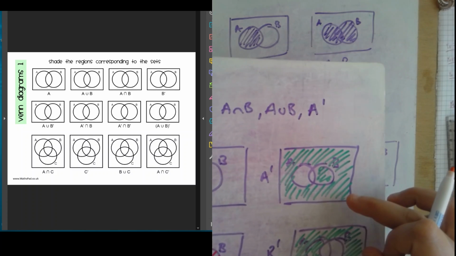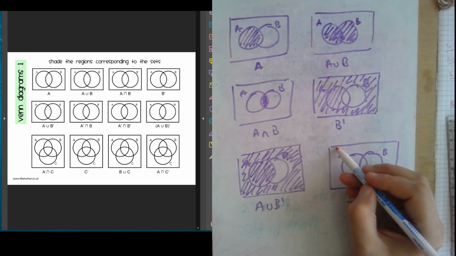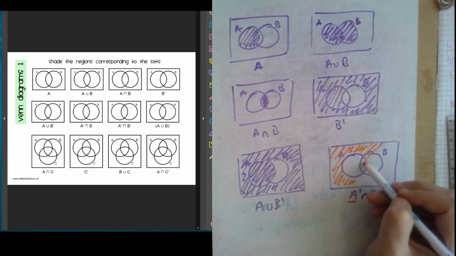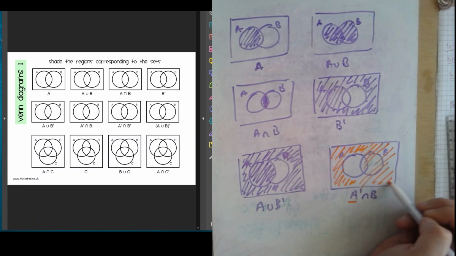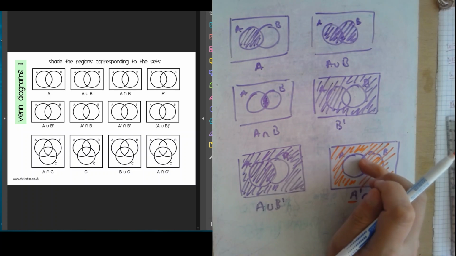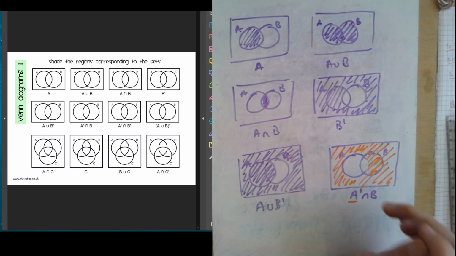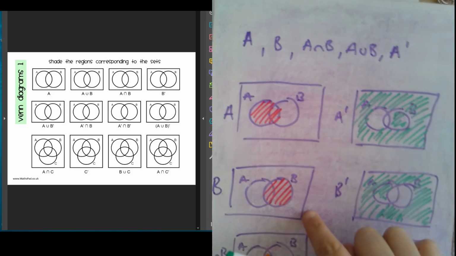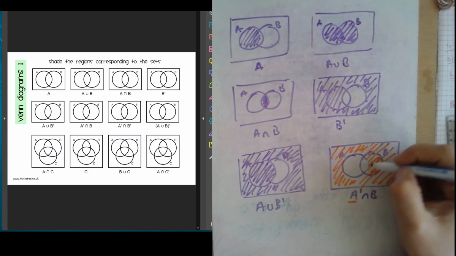So that's my not A, so I'm going to colour that one in. Okay, so that's my not A. And then this, where's my B? This is my B, so I need to colour in all of that B. So that means all of this is coloured in.